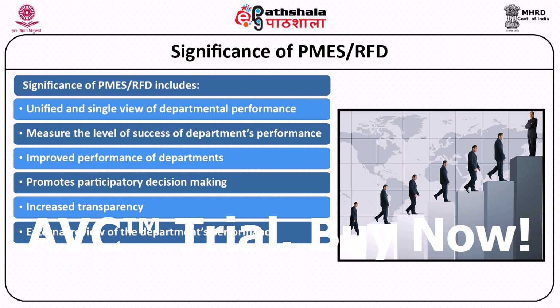Here, this evaluation of the performance will be unbiased and give the true merit. RFDs help in the evaluation of the departments, the ministries, or the components of the ministries by external committees in an unbiased manner.